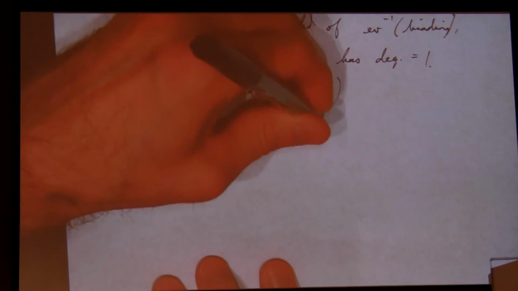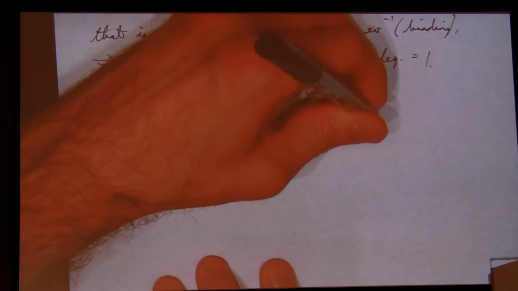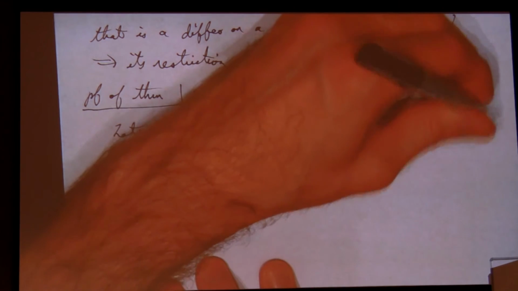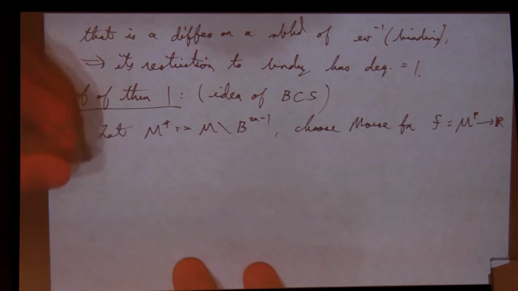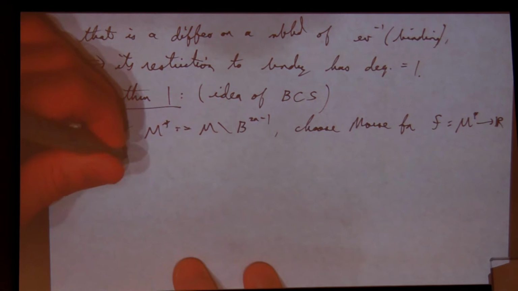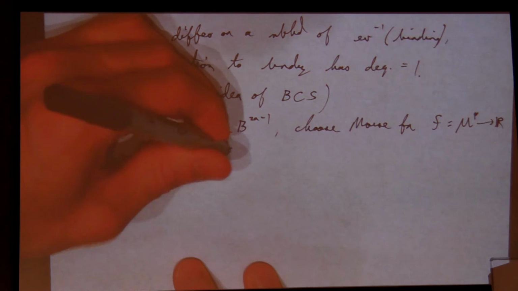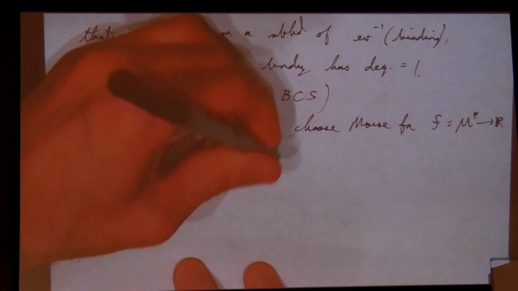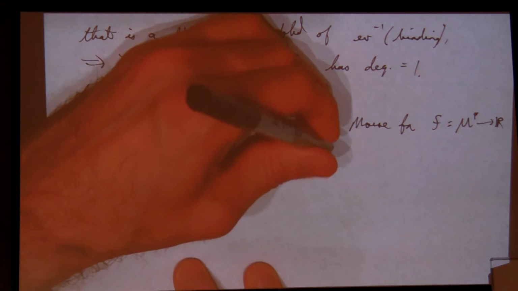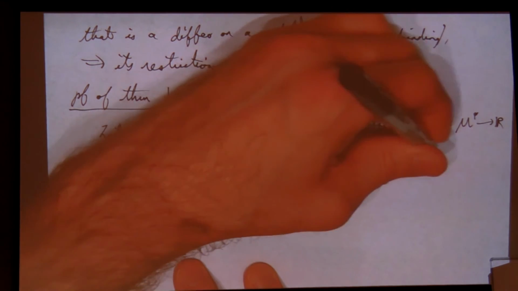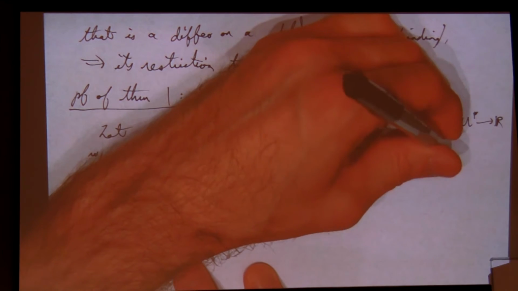So the upshot is then I can choose a Morse function f on M star with critical points of index 0, n minus 1, and n only, and with gradient transversely outward at the boundary.